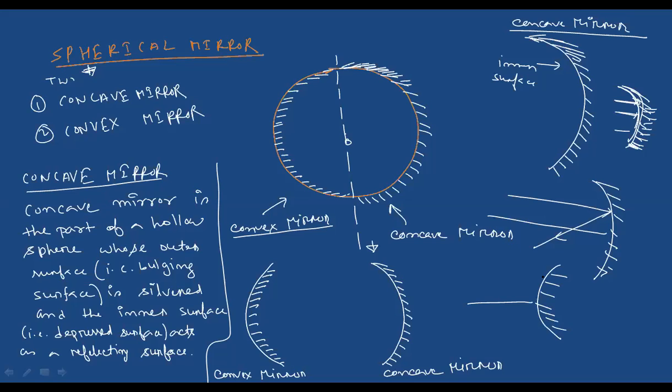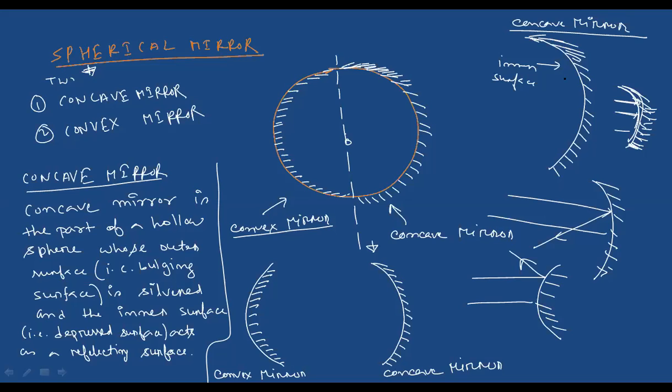That's why the ray will come here and then go back like this. Do you understand this one, all of you? Okay, I will explain again in a proper way.